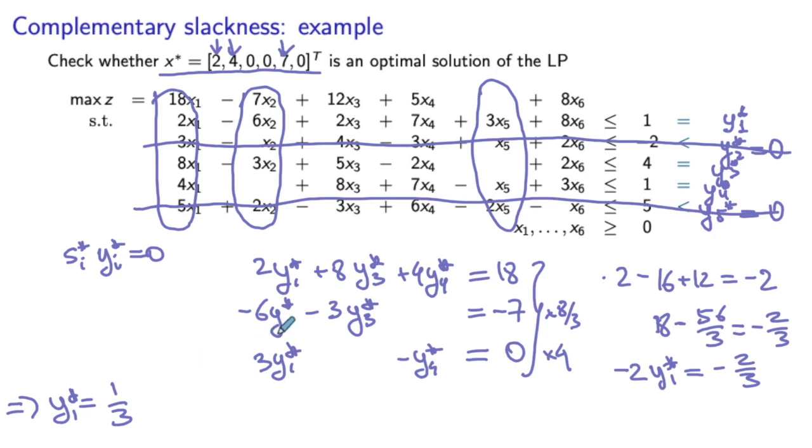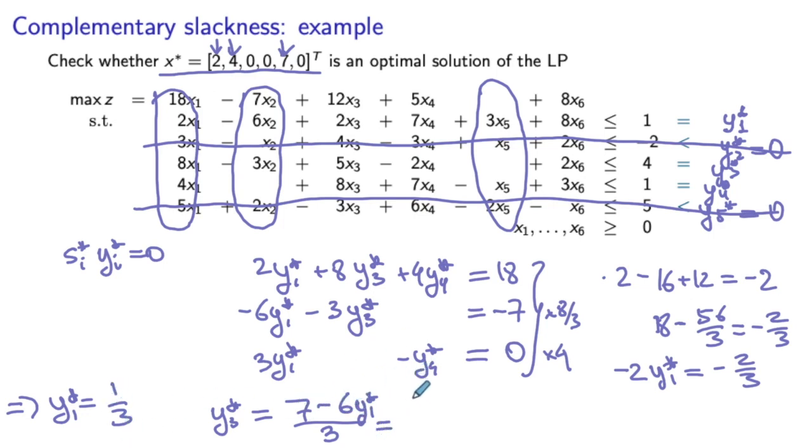All right. So now we can use y1 star equal to 1 third to compute y3 star from the second equation. So y3 star is going to be 7 minus 6 y1 star over 3. And then 6 y1 star is going to be 2.